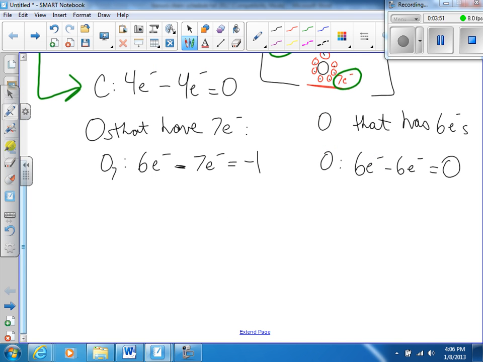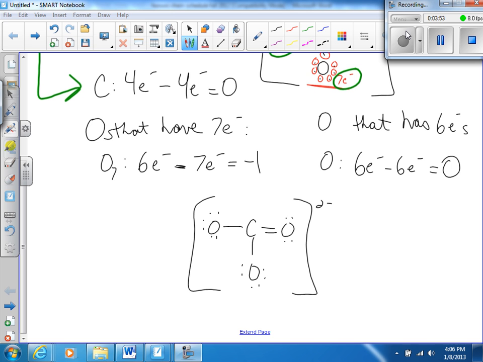Let's redraw this. Okay, I've redrawn the Lewis structure and I'm going to put the formal charge right near each atom. So the carbon has a formal charge of 0. The oxygen right here, the one with 6 electrons around it, has a formal charge of 0.